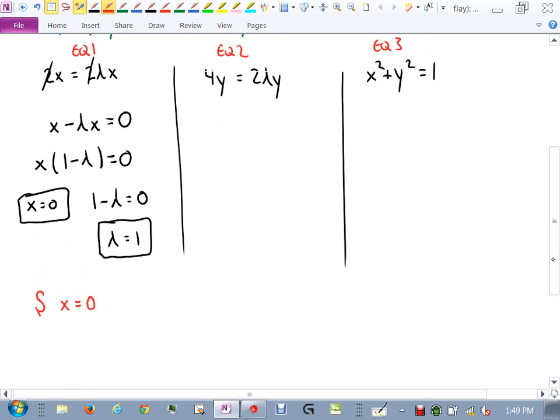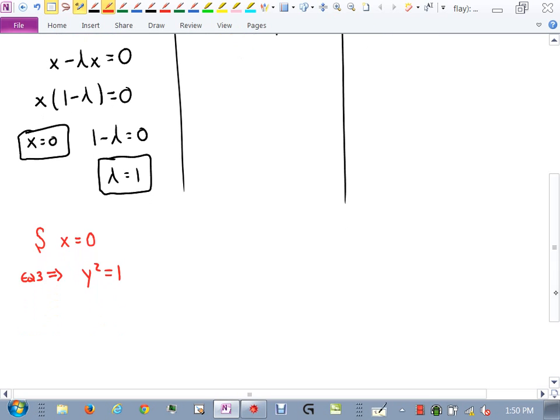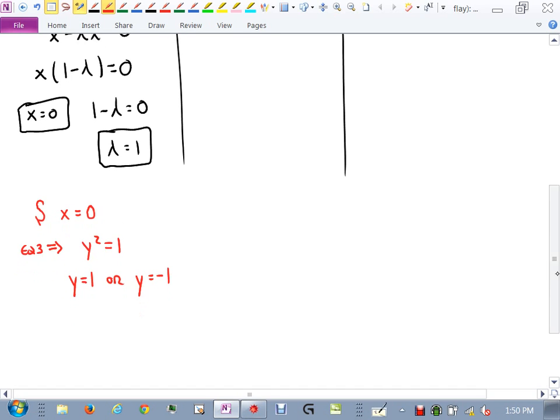All right, so if x is 0, does that help me with anything over here? Which equation does it help me with? Equation 3, right? So if x is 0, then equation 3 would imply that y squared must be 1, right? Or negative 1. So that means y equals 1 or y equals negative 1. Y'all still there?